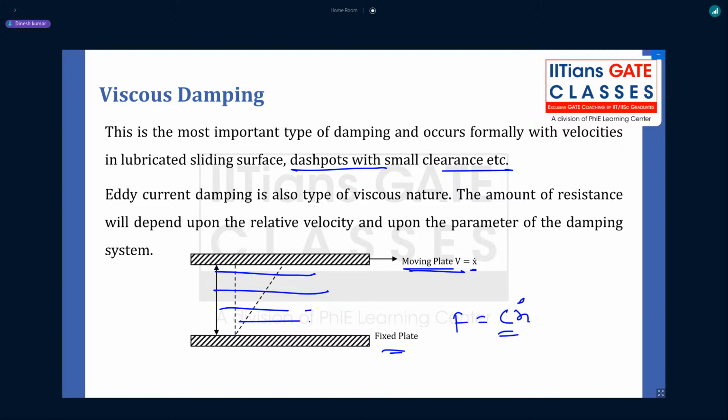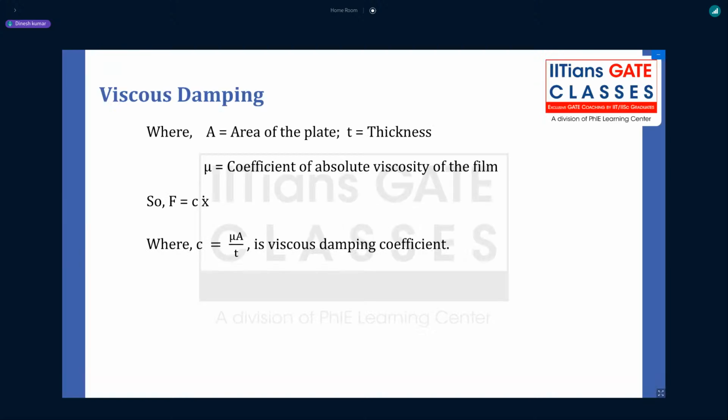So what is c? c is known as the coefficient of damping, and it is given by mu A by t. Now what is mu? Mu is the coefficient of viscosity, A is the area of the plate, and t is the thickness of the liquid. So this is the viscous force, F equal to c x dot. So this is all about viscous damping.